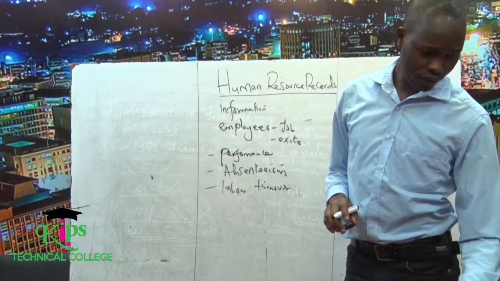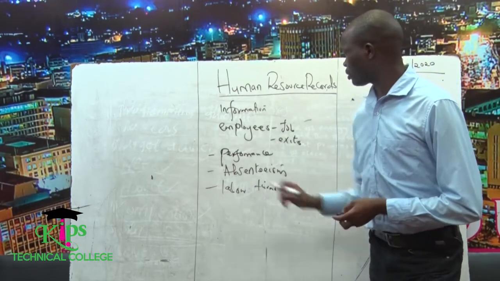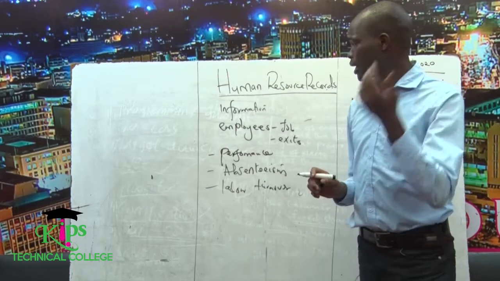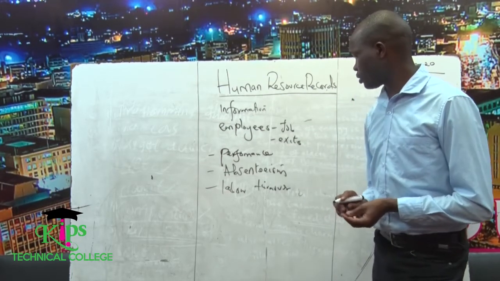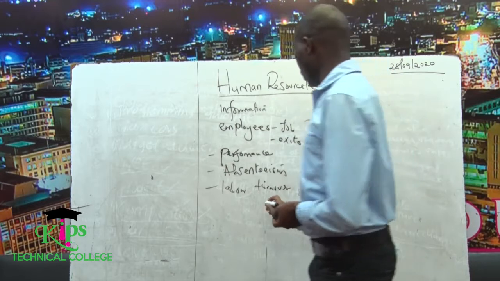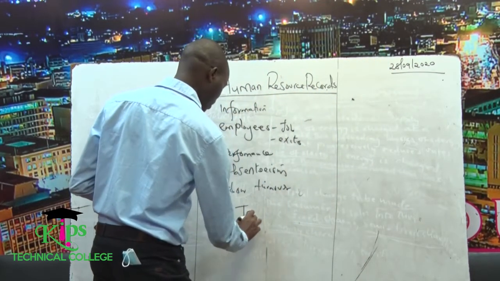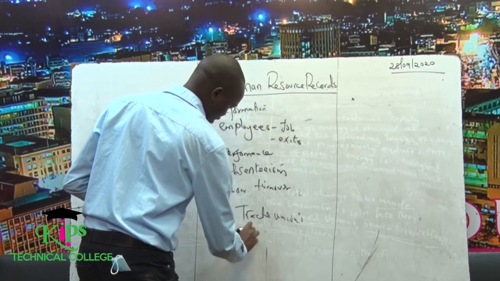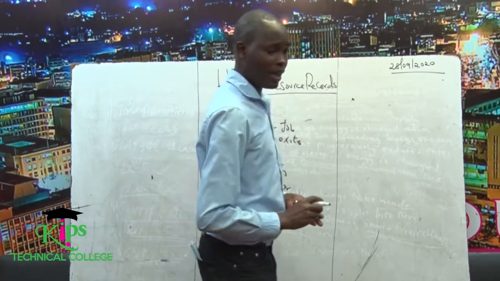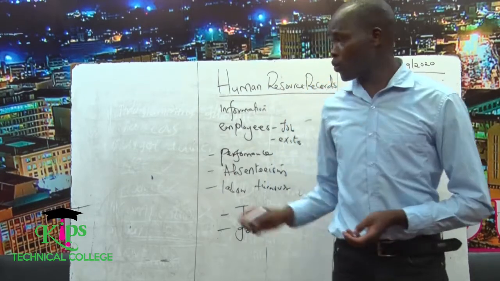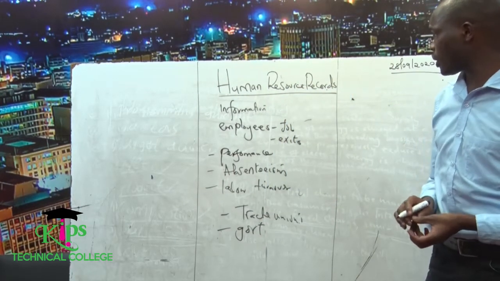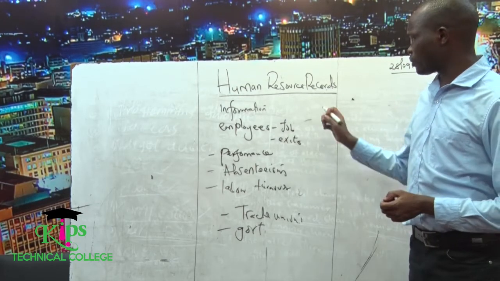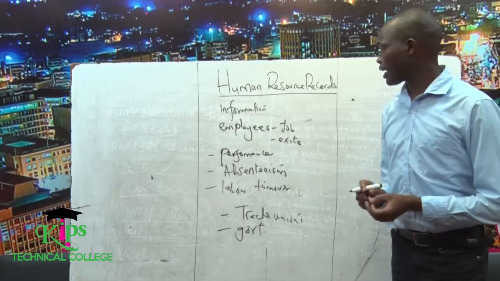We also have the information, as from the definition, that is required by other people apart from your organization. You can talk about trade unions. We can talk about government and any other person that always requires the information pertaining to the employee in that organization. So it is very important that records are always kept.